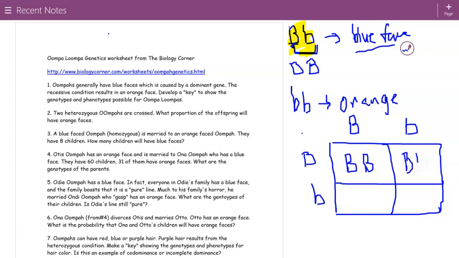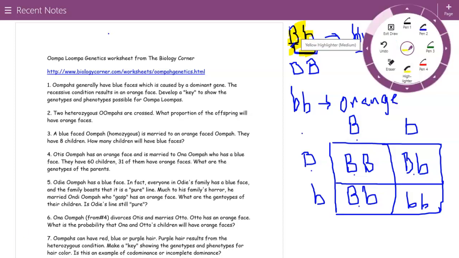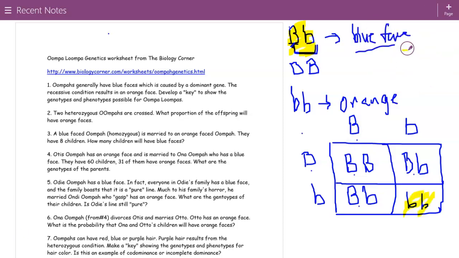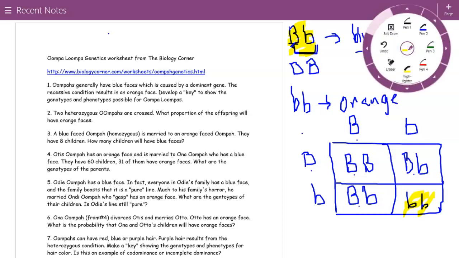I get a homozygote, I get a heterozygote, I get a heterozygote, and I get a homozygote. Okay, good practice is to always write your dominant allele first. And if you're writing the dominant allele first, you know that in this part of your Punnett square, you're always going to have your homozygous recessive allele.